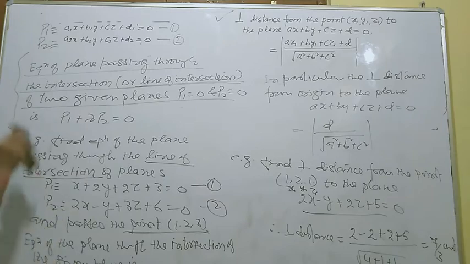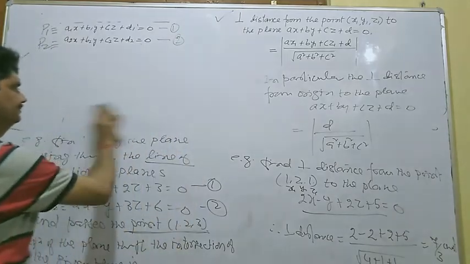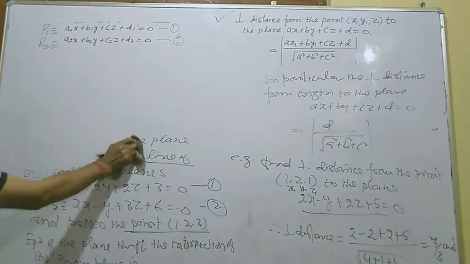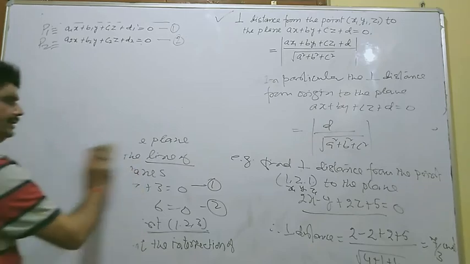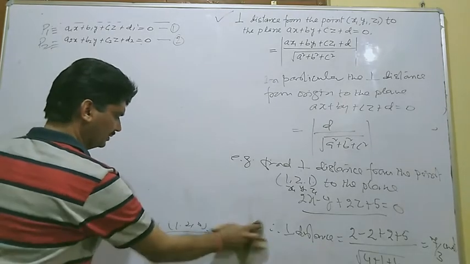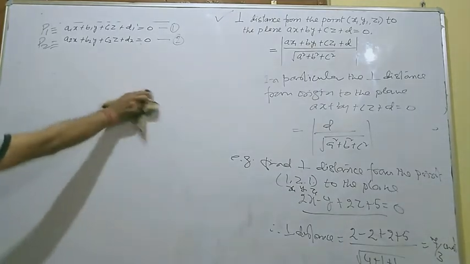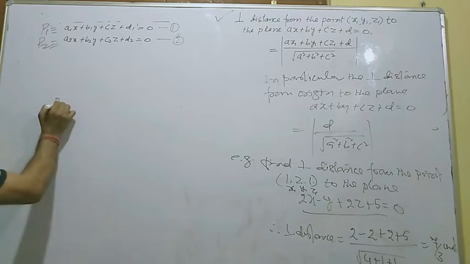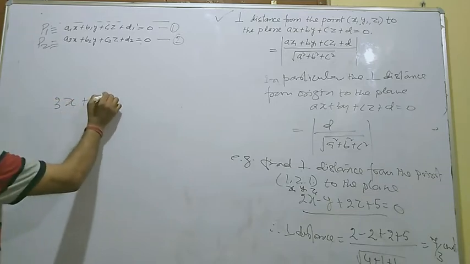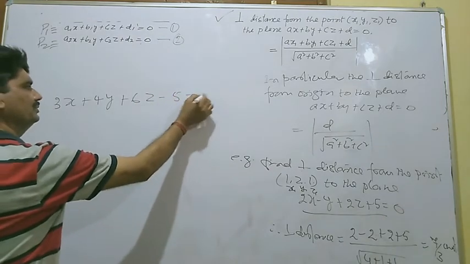For example, if the general form is given, then we can find the intercept form as well as the normal form. So how do we transform the general form into the intercept form? First, suppose the equation of the plane is 3x plus 4y plus 6z minus 5 equal to 0.